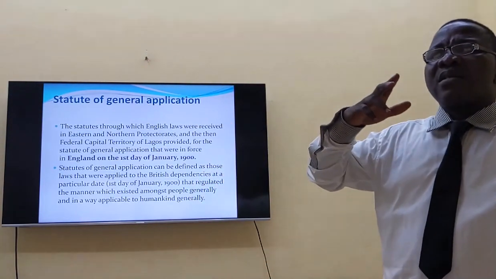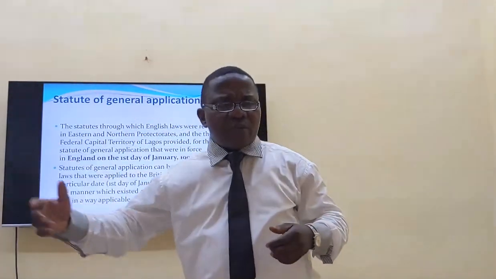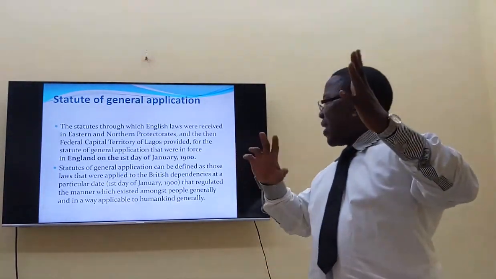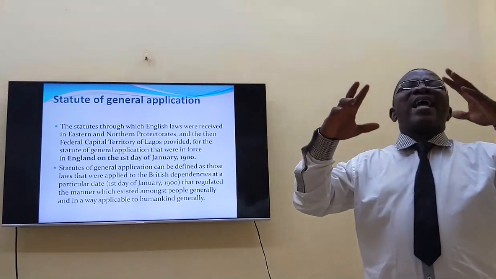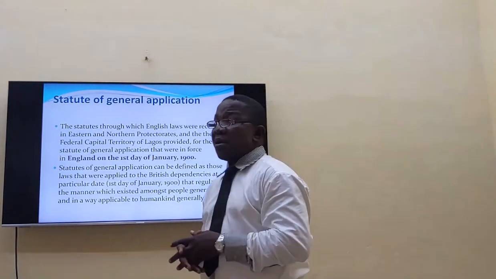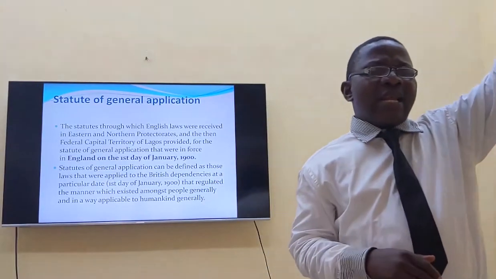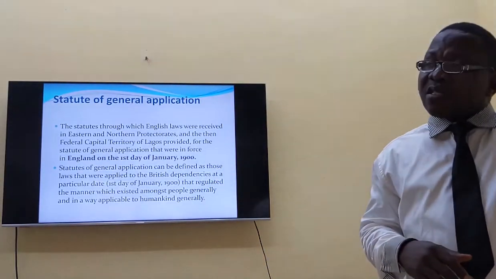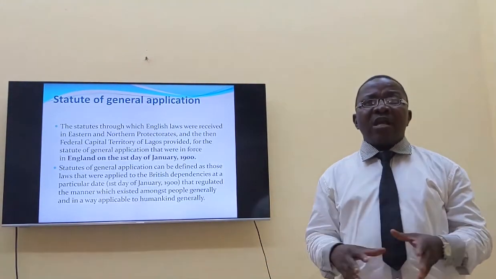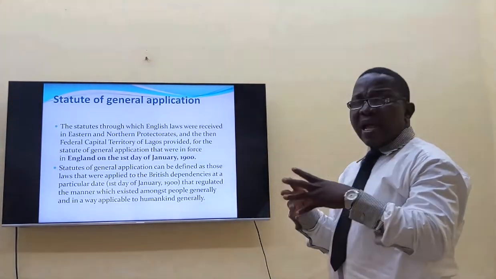We had the Northern protectorates, the Eastern protectorates, and then I think the Western protectorates, which broadly were North and South, but they were later amalgamated to what we now know as Nigeria. Before the amalgamation, the laws that were operational in the northern part of Nigeria were different from the ones in the southern part. But upon amalgamation, the laws were harmonized and they had a common law.